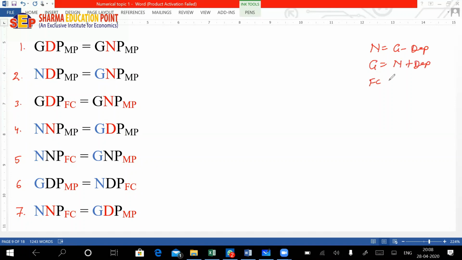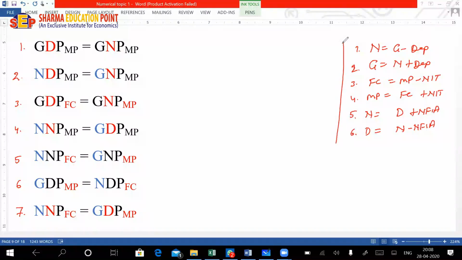For factor cost from market price, minus net indirect taxes. For market price from factor cost, plus net indirect taxes. For national to domestic, plus net factor income from abroad. For domestic to national, minus net factor income from abroad. With the help of these 6 basic points, you can do it by yourself now.